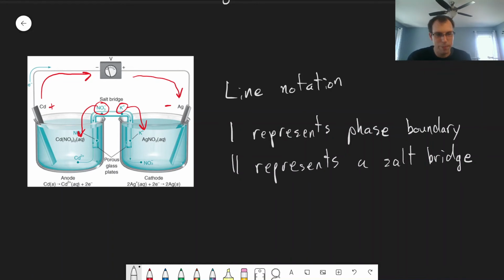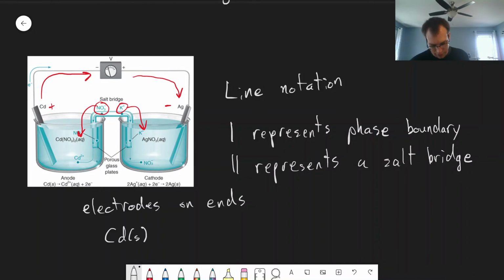If we take this example here, the way we would write this, we put the actual electrodes on the ends, the pieces of metal that connect. By convention, we put the negative side, the anode, on the left, and the positive side, the cathode, on the right. So we would have cadmium solid, our electrode on the left-hand side.